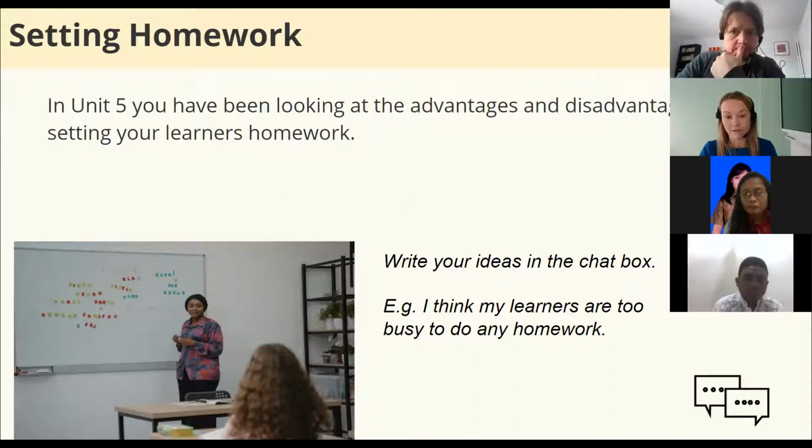Have a think for a few minutes, and when you've got some ideas, share them in the chat box. We've got an example: I think my learners are too busy to do any homework. This is perhaps one problem or disadvantage with it. What else can you think of?